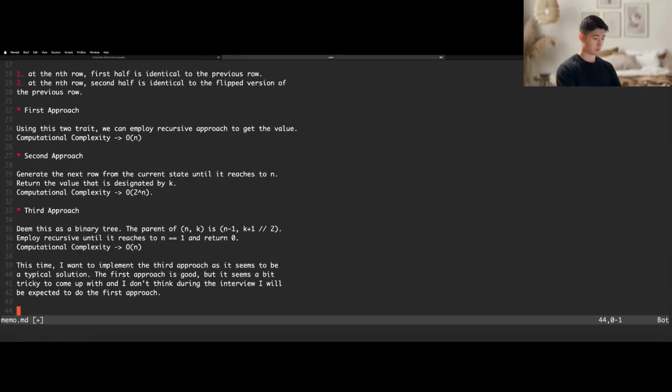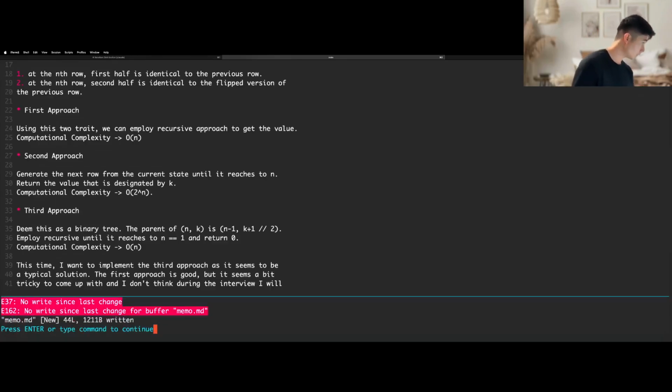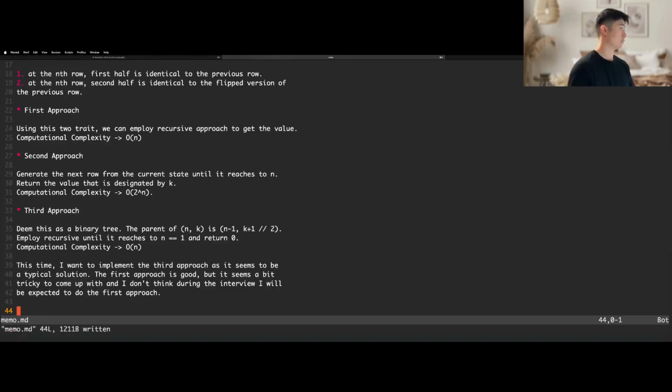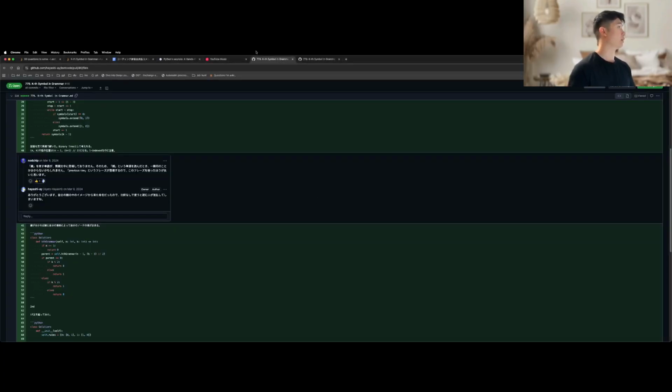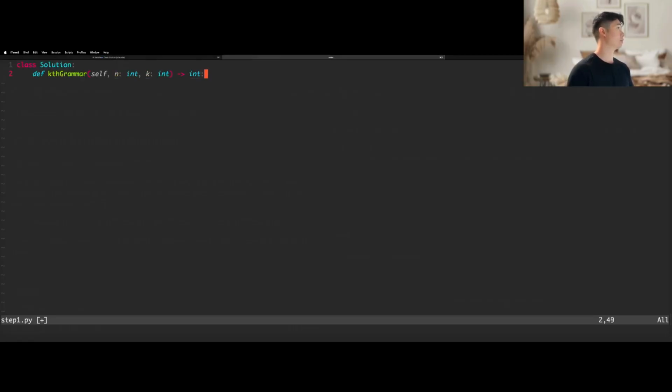Alright, so step 1, the pi, and let me copy the initial code. So for the third approach, deem the structure as a binary tree.